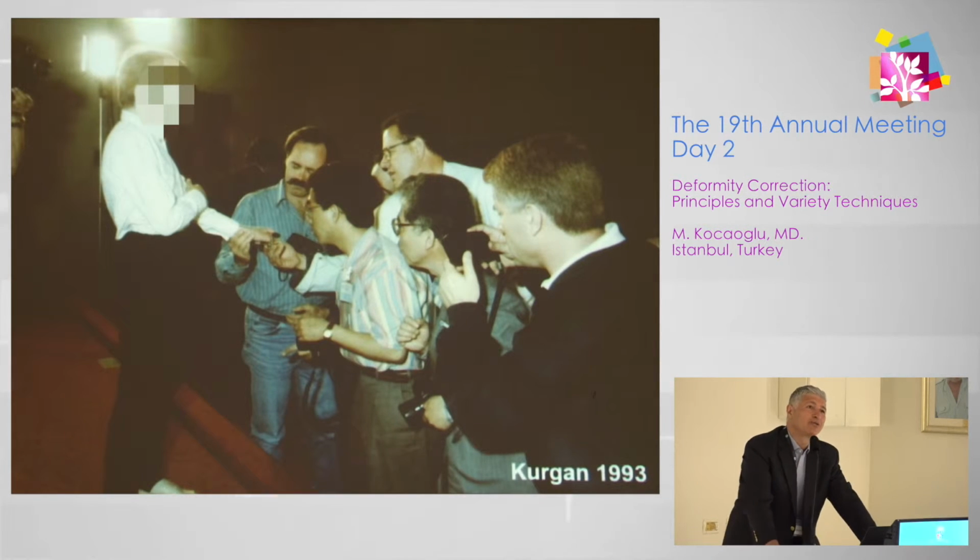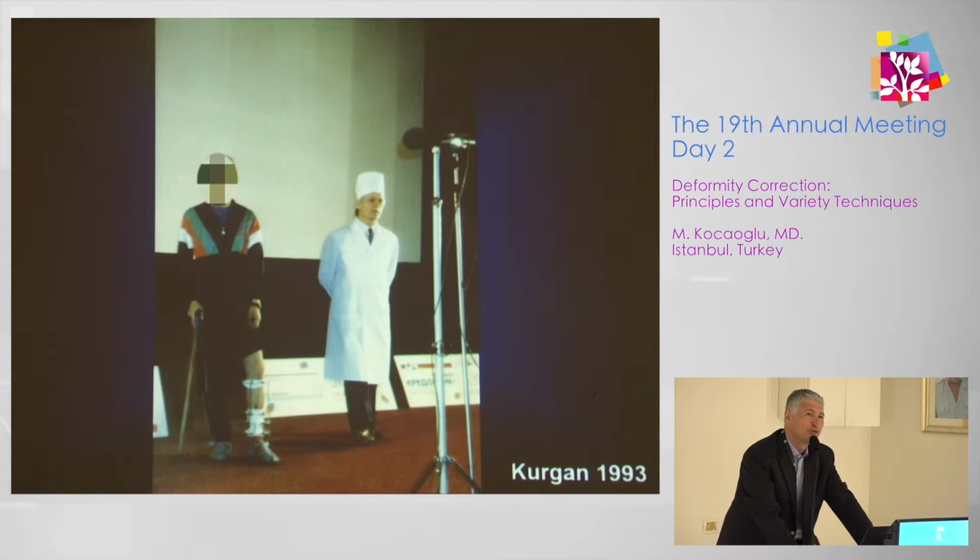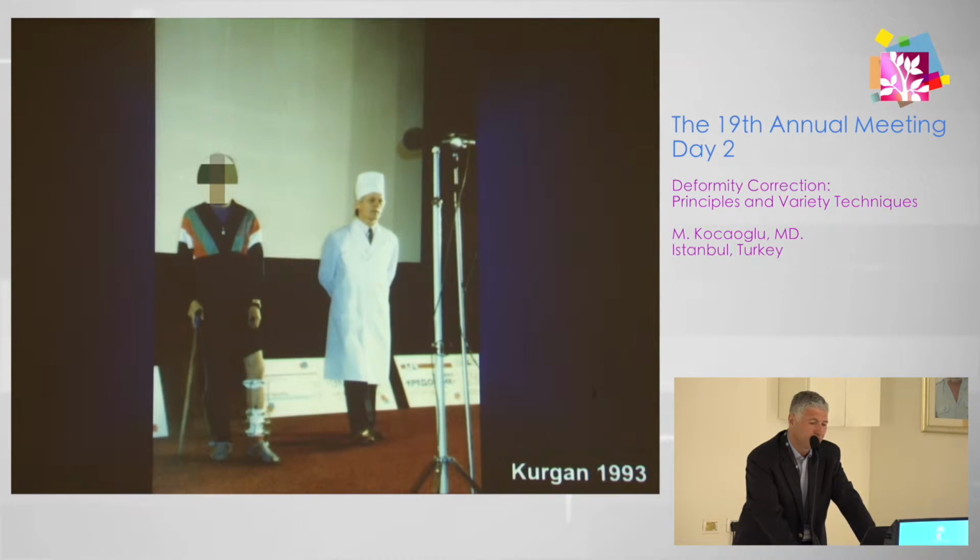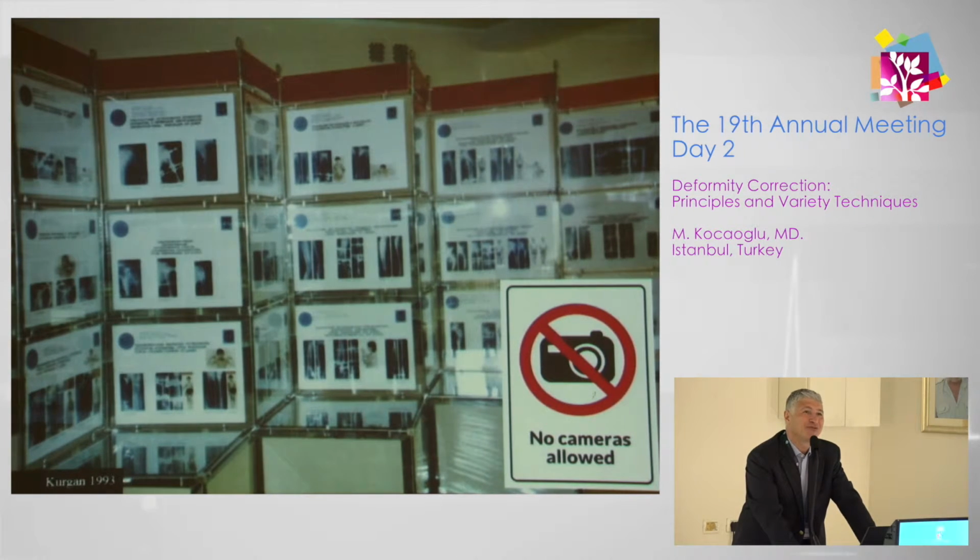My story of learning the treatment of deformity started in '93 in Kurgan. We did a visit with my mentor, Professor Chakmak. We saw a lot of different, very interesting patients. Dr. Shetsov at that time was the director of the Kurgan Institute. And as you know very well, it was not allowed to make a record.